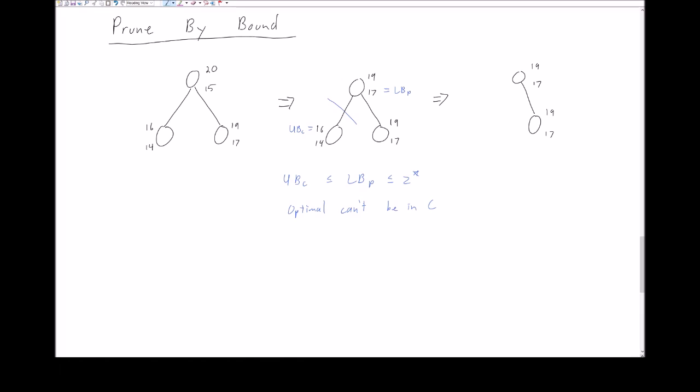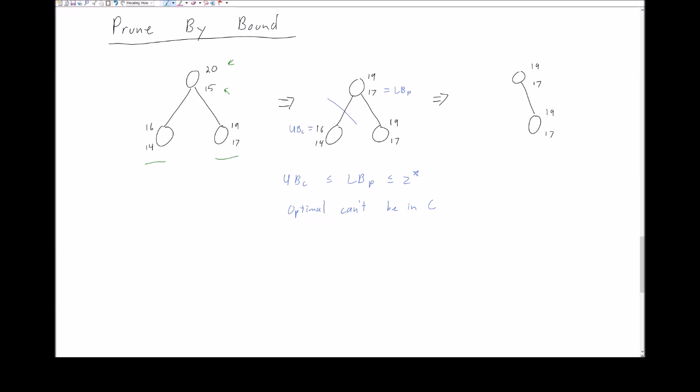The most interesting case of pruning nodes, though, is pruning a node by bound. Here we have a particular example. We've computed an upper bound and a lower bound at a parent node, and we've just completed computing the upper and lower bounds at both child nodes. We haven't updated any of the bounds yet.